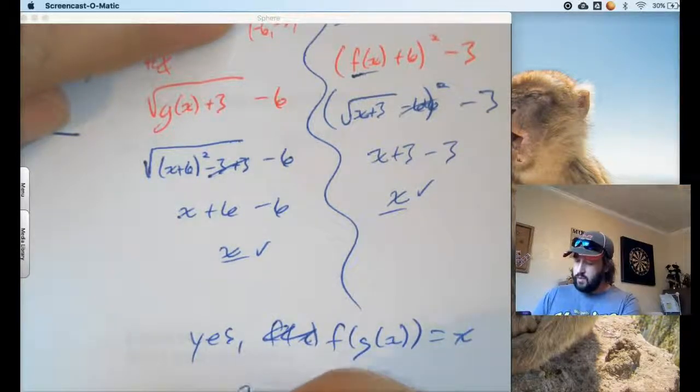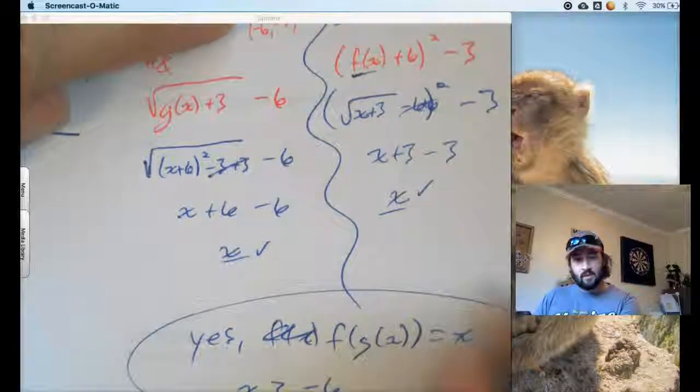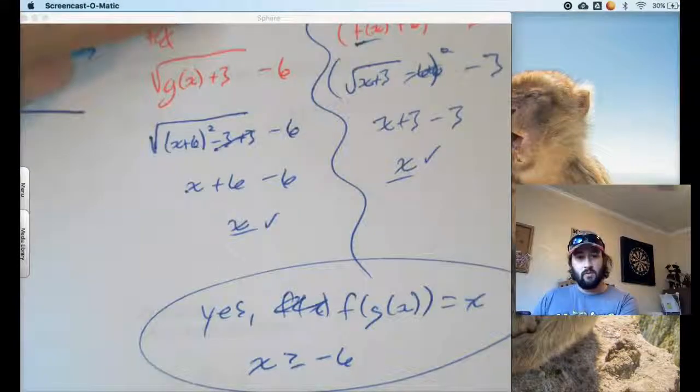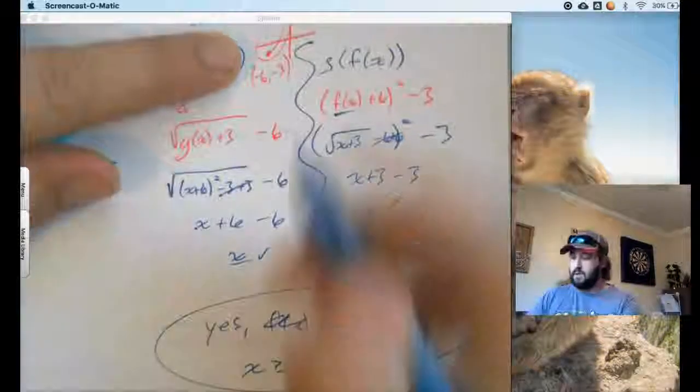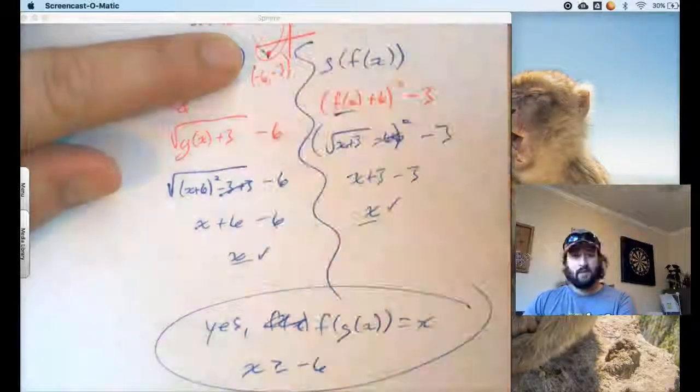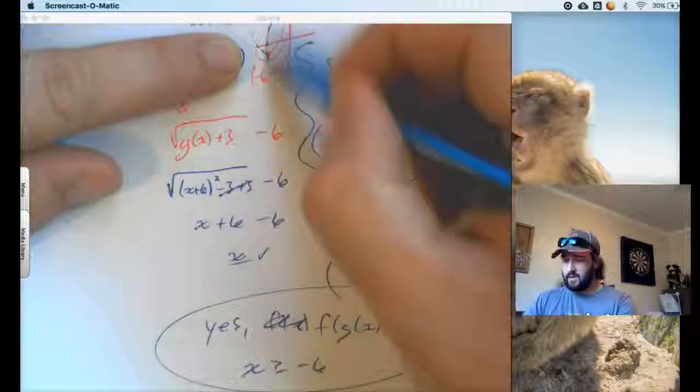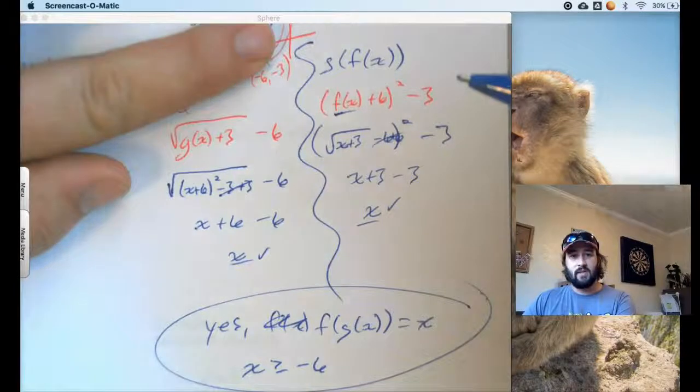This is only true as long as x is greater than or equal to that negative 6. That's what we would be looking for. So zoom out a little bit. Right, so our vertex is here. We can't take the negative values, so I have to stop this at negative 6 and only take the positive part of that.